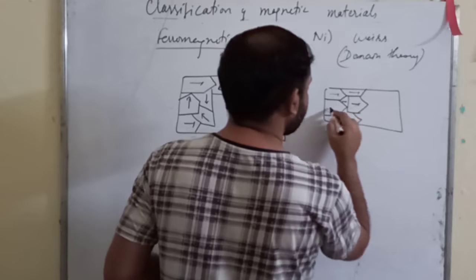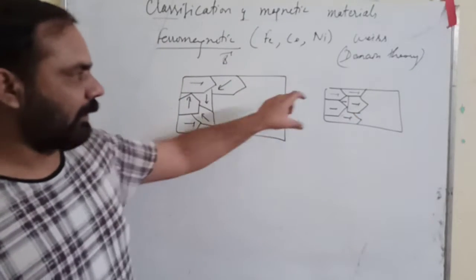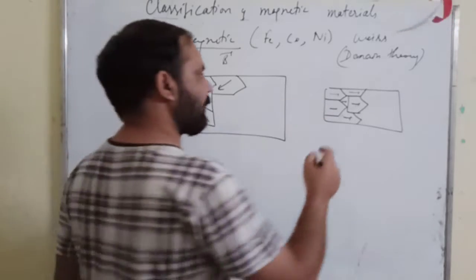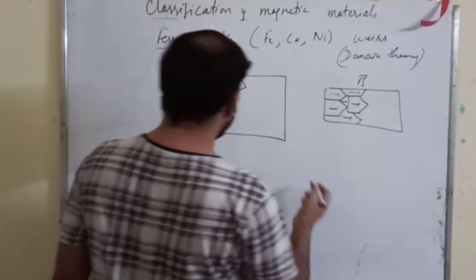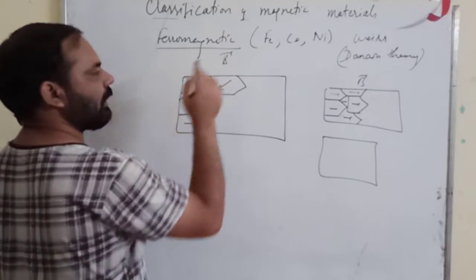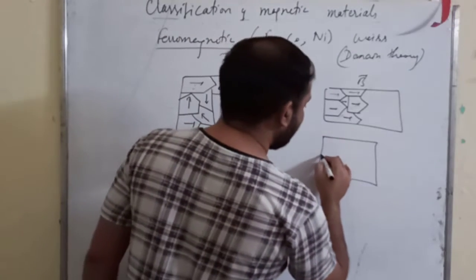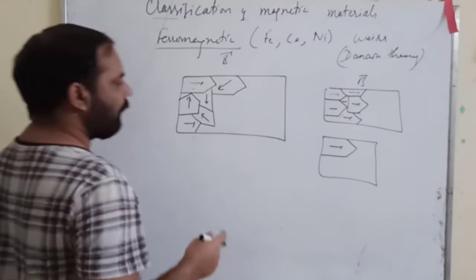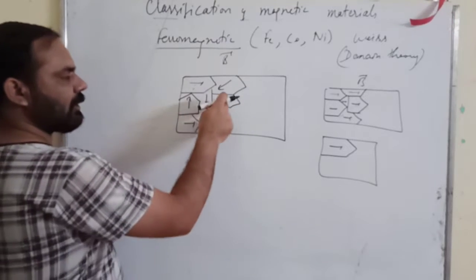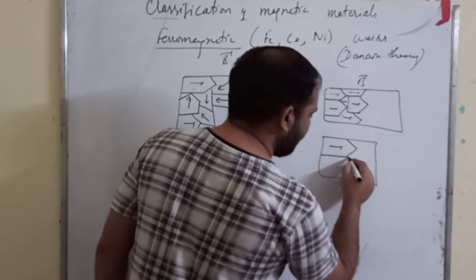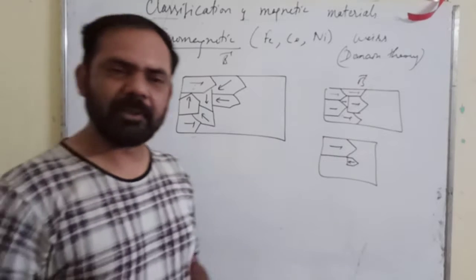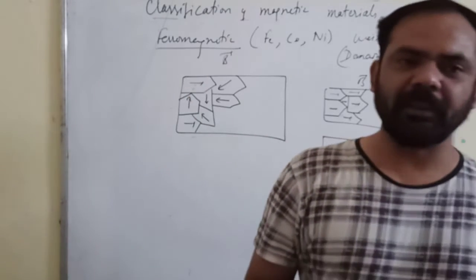Either they all start rotating and align themselves along the direction of the external magnetic field, or those domains which are along the direction of the magnetic field increase their size, and those which are oppositely directed decrease in size.